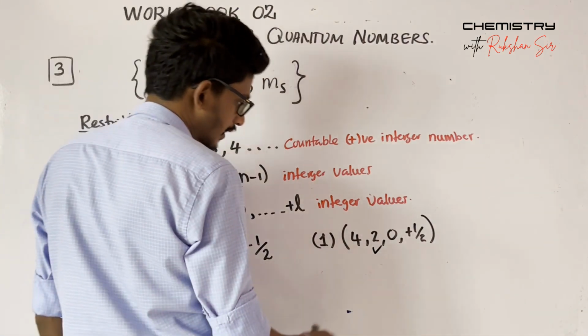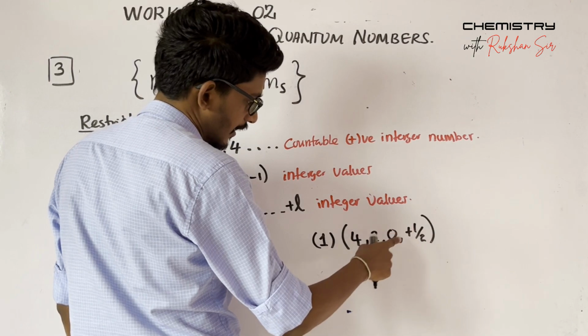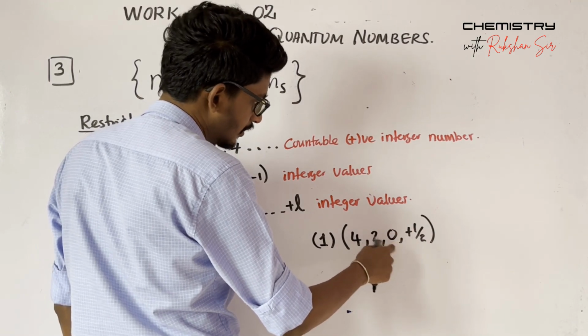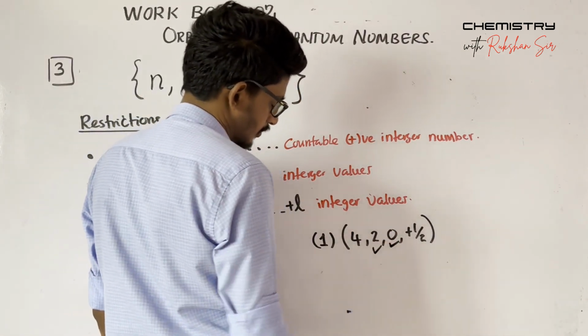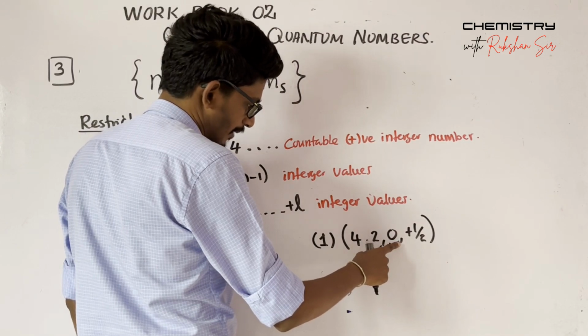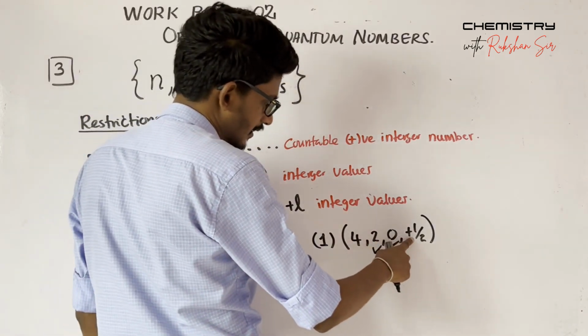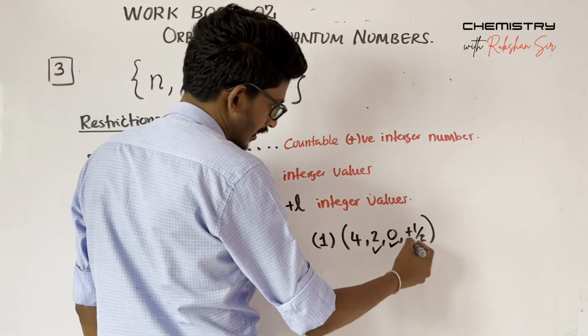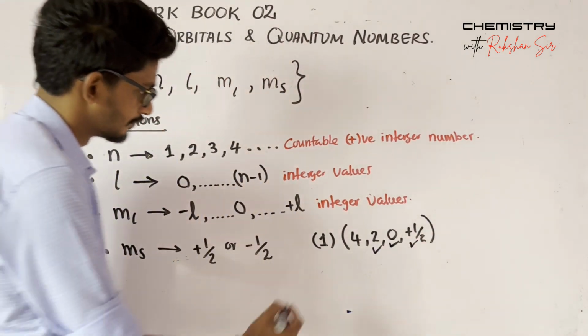If L is equal to 2, you can take ML values as minus 2, minus 1, 0, plus 1 and plus 2. 0 is available, okay. As MS, the plus half or the minus half are available, so plus half is acceptable. So the first quantum number set is okay.